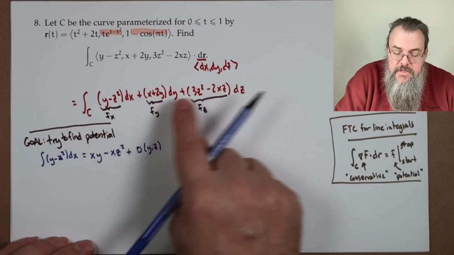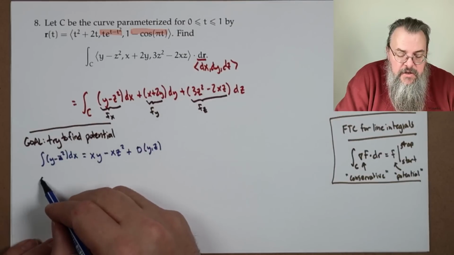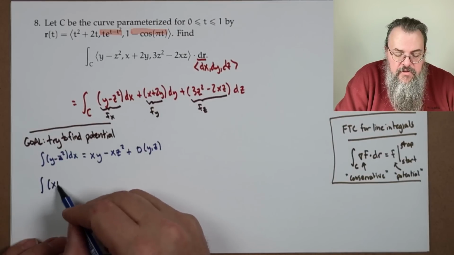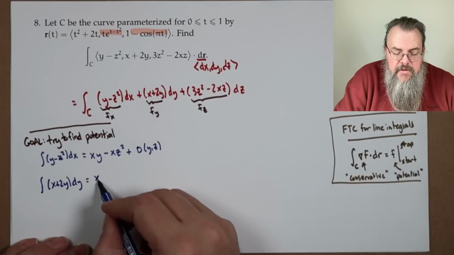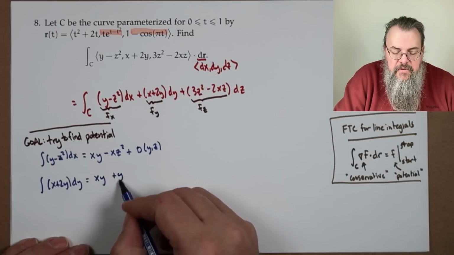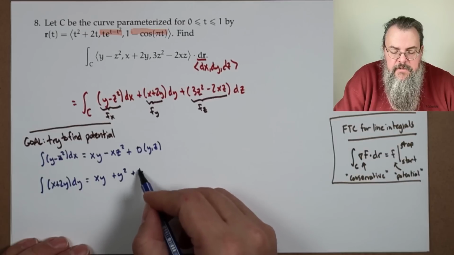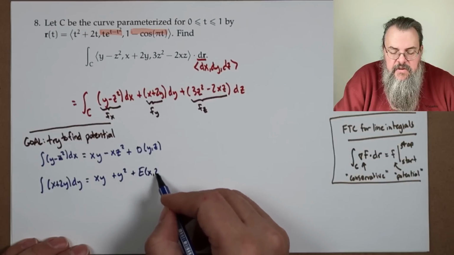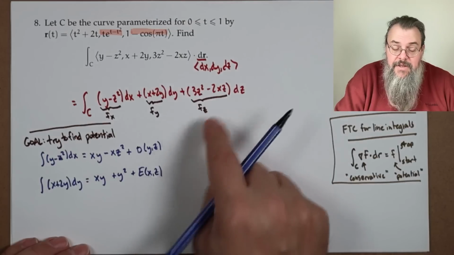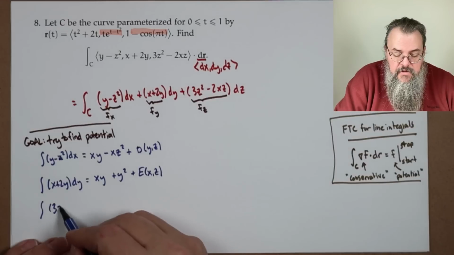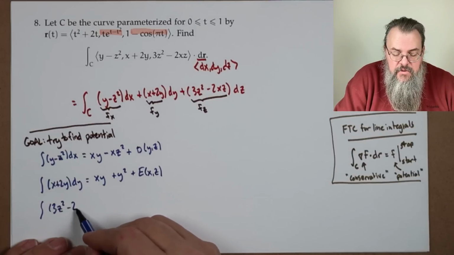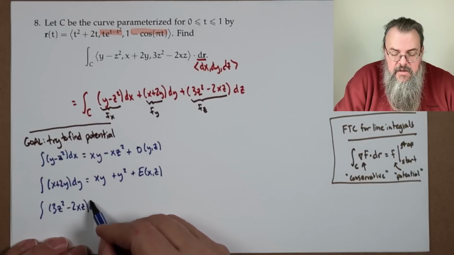And we're going to do that with each step here. All right, integral of x plus 2y with respect to y. That would be xy plus y squared plus some function which only depends on x and z. And then our last piece, we have our integral of 3z squared minus 2xz dz.